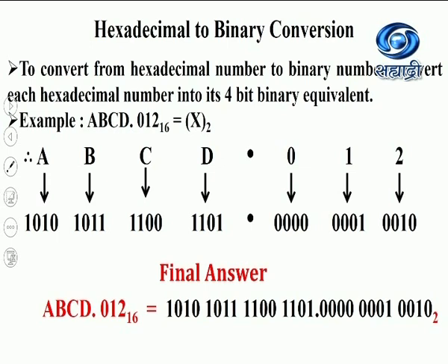There is a fractional point over here, and after that, for the hexadecimal digits 0, 1, 2, we have the corresponding binary numbers 0000, 0001, 0010.